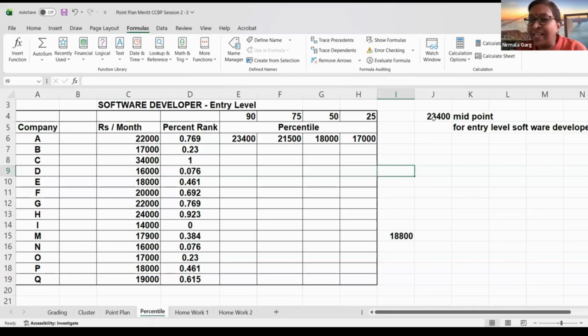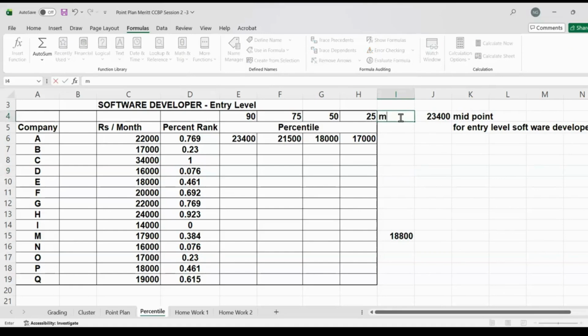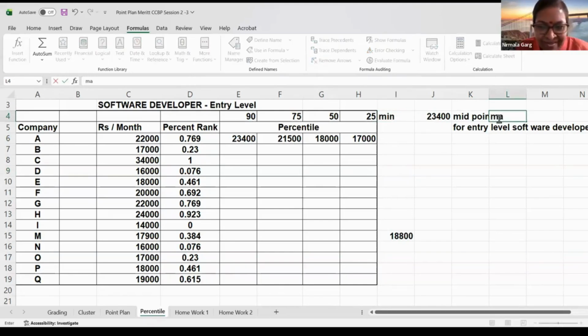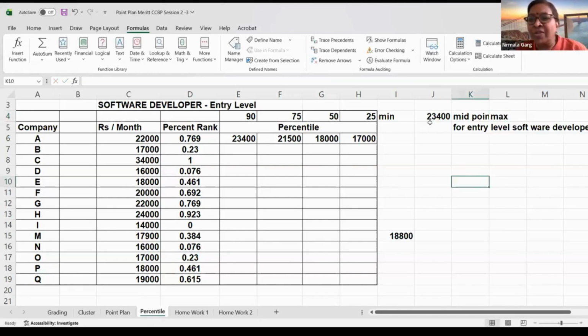Now I'll create a salary range in the organization for a software developer. You won't have an absolute; you have to create a range, a min and a max. I have taken this 23,400 from the market and this now becomes my midpoint. The 90th percentile of market data has become my midpoint for this level, and I will create a range, because when I say salary range, it has a min and a max.